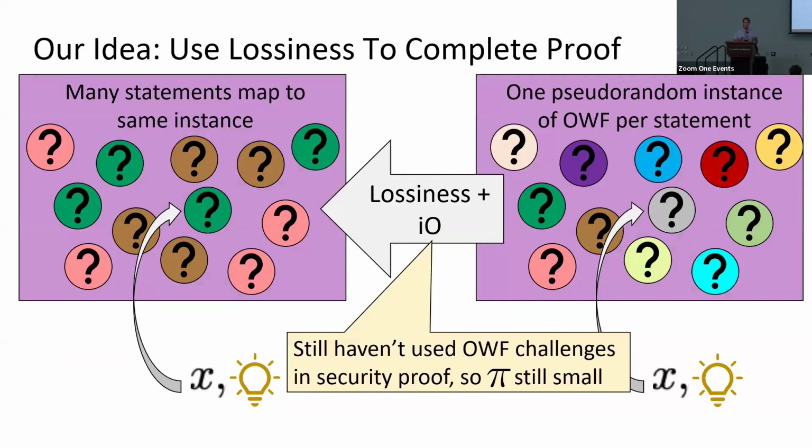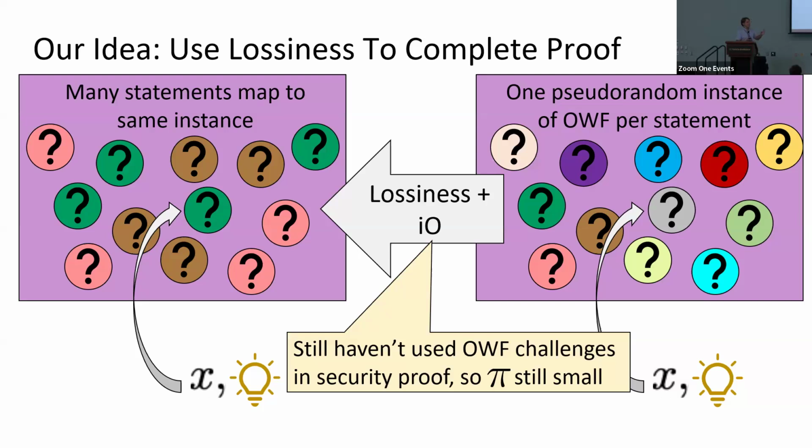Okay, so how do we use lossiness to complete the Waters-Wu approach? Well, what we're going to do is using obfuscation magic again and using lossy functions, very lossy functions. We're going to take the setting on the right where all of the one-way function instances are basically pseudo-random, and we're going to map it to the case where there's actually very few one-way function instances and they're kind of repeated many times.